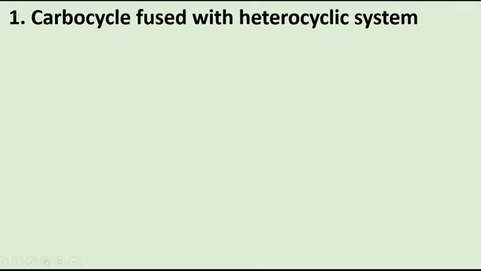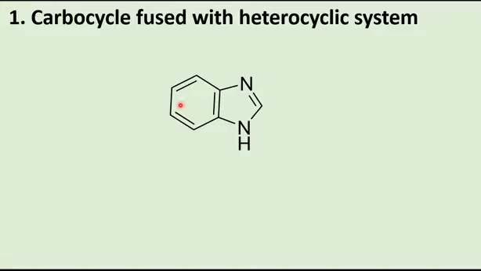One is carbocycle fused with heterocyclic system. Let us say benzimidazole. In this case, the general procedure that we need to follow is, here we have one ring attached onto another ring. Like in case of organic compounds, where on the structure of an organic compound, if a substituent is there, like chloro is there on a benzene ring, so how do we call it?